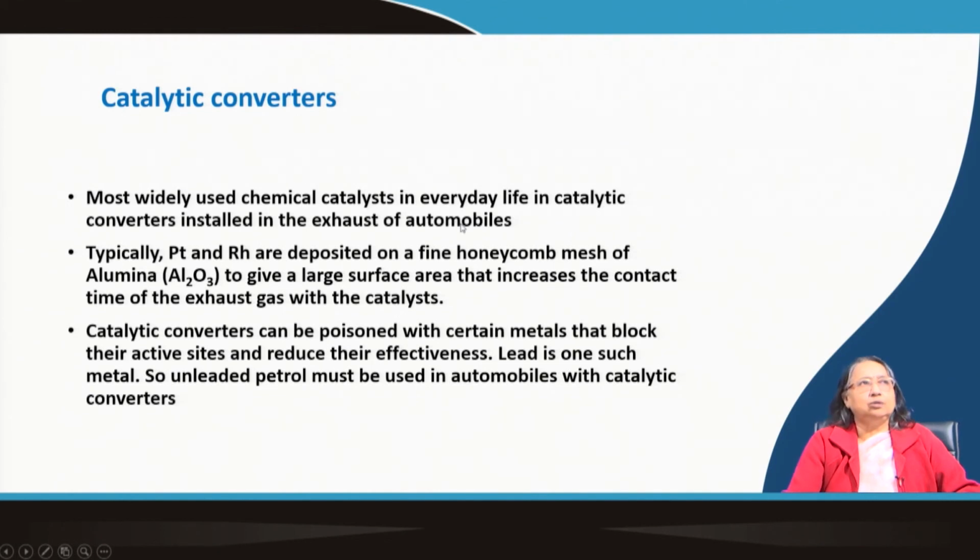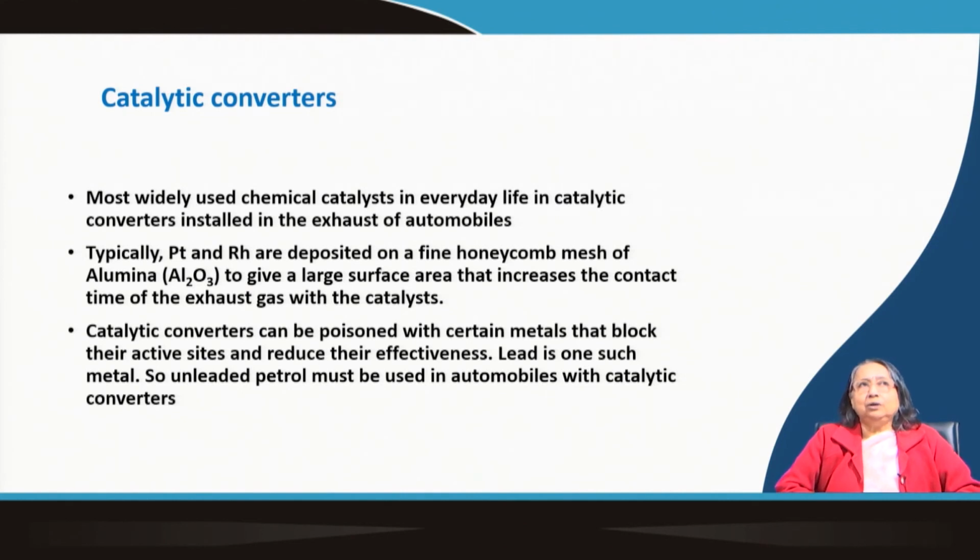We use gasoline, which is nothing but hydrocarbon. The hydrocarbon is oxidized to carbon dioxide and water, but if there is incomplete combustion, it goes to carbon monoxide, and some of the gasoline escapes out. So it is polluting our environment.